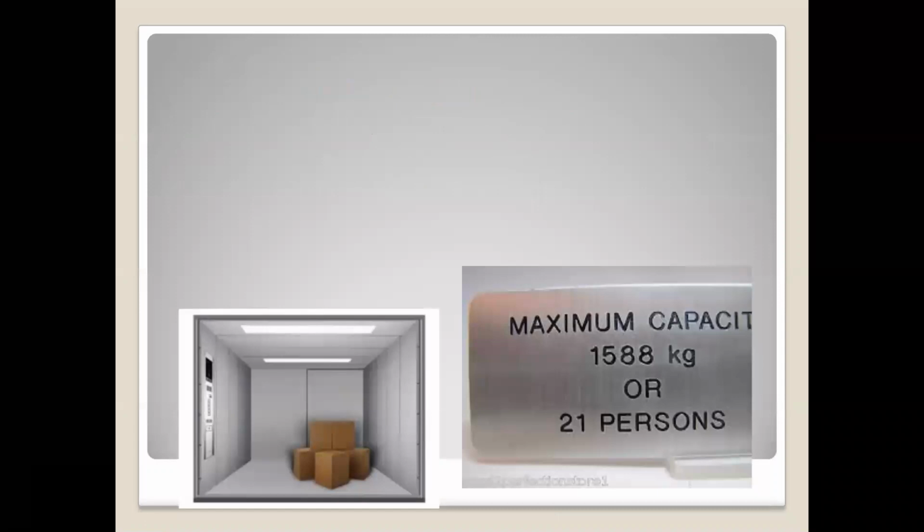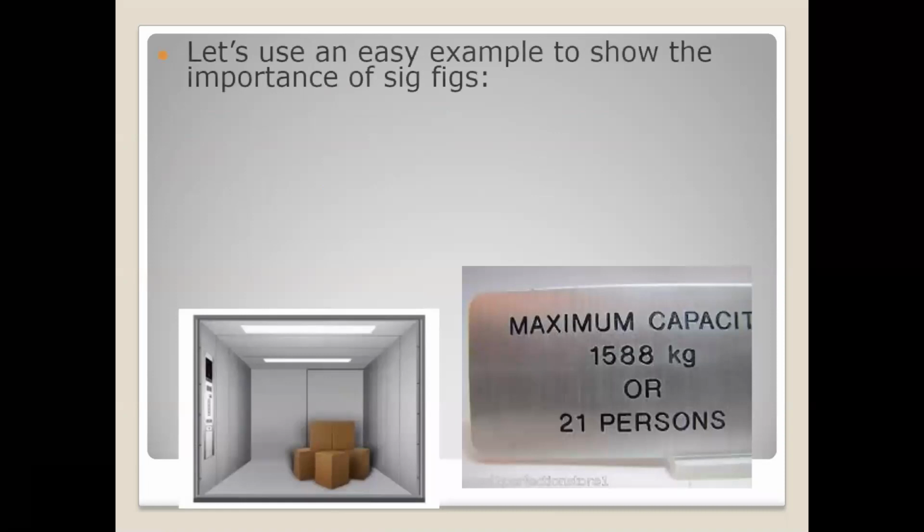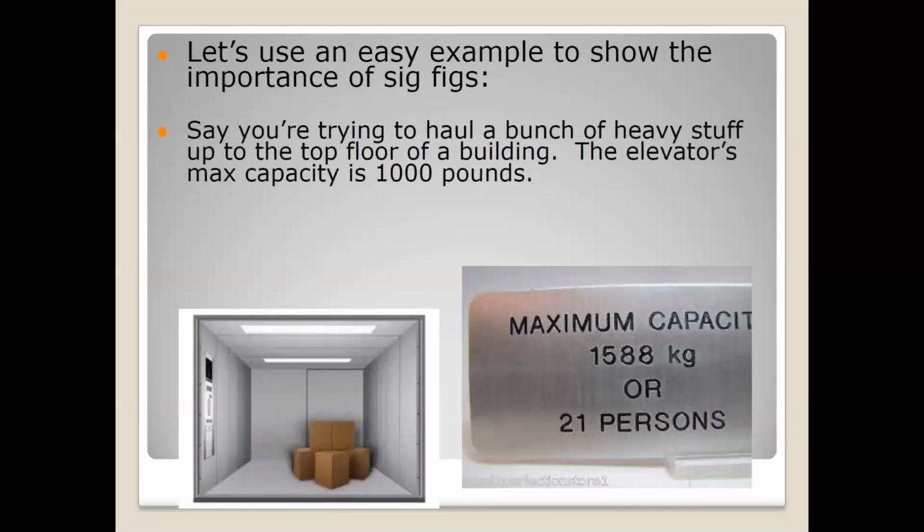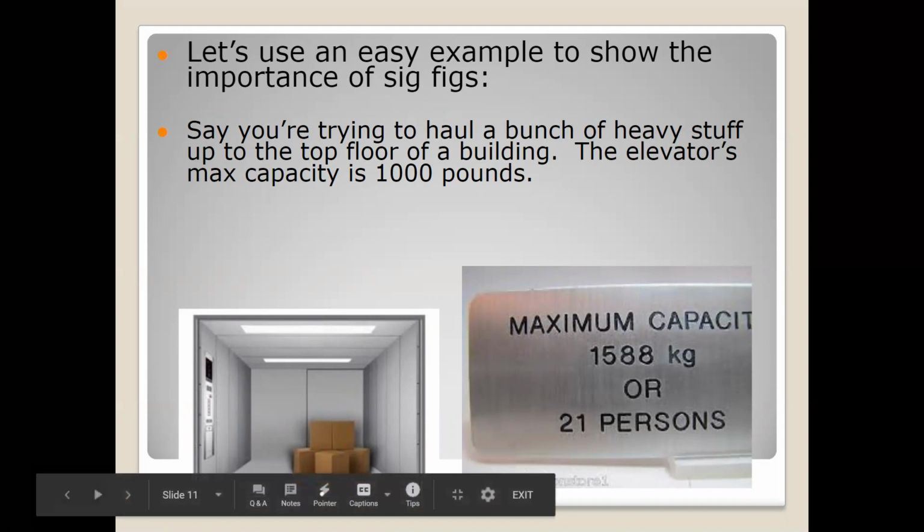So let's try an example really quickly. Let's say that you want to haul a bunch of heavy stuff up to the top floor of a building, but the elevator has a max capacity of, let's arguably say, 1,000 pounds. Obviously, this image doesn't match that, but let's say it can only haul 1,000 pounds.